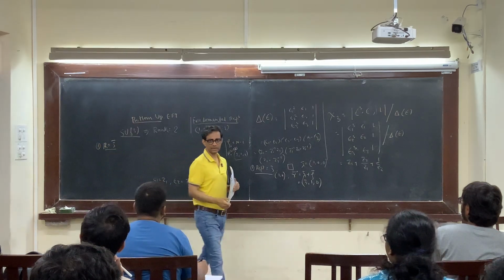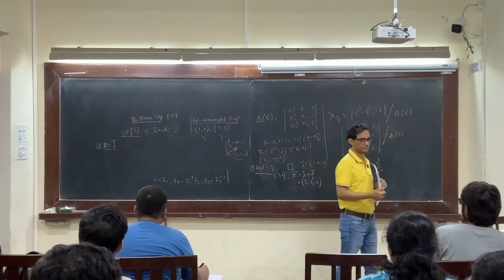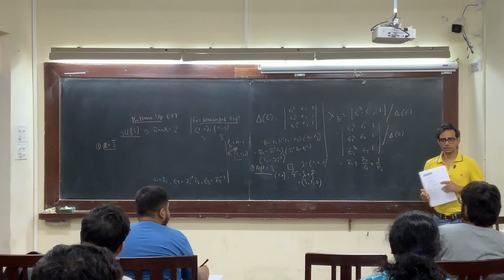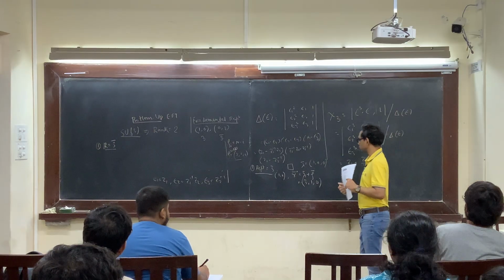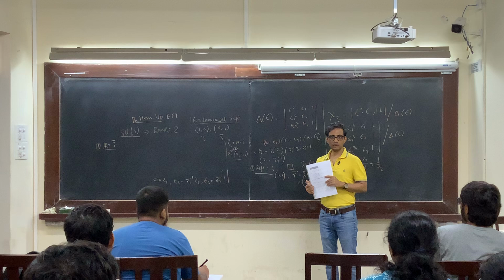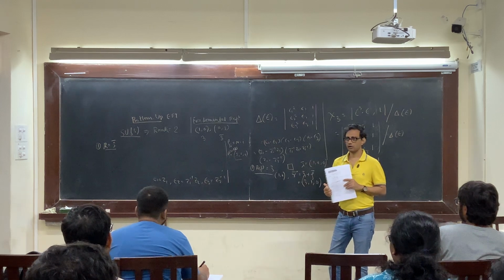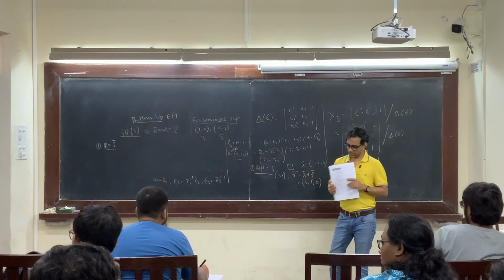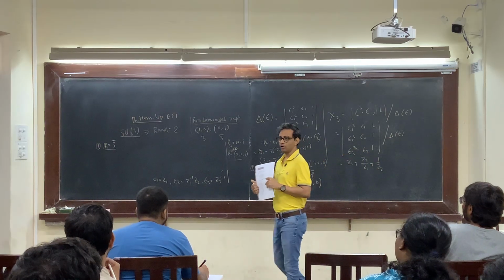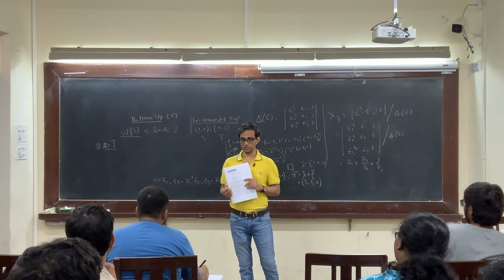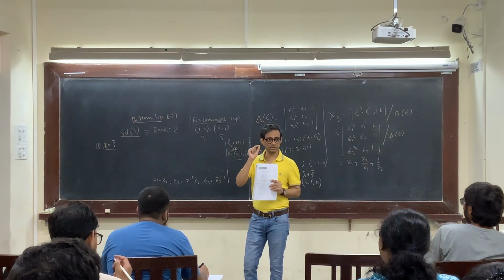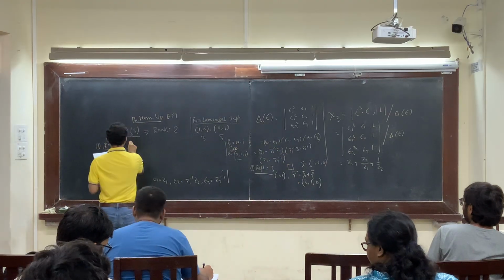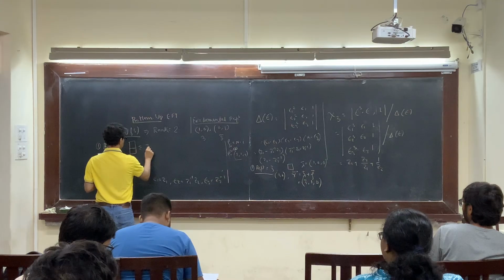What is the Young diagram for 3 bar? Single box? No. Single box is already 3. What is the 3 bar? Box. Yes. Why? Because for SUN, the n bar is always represented by n minus 1 vertical boxes. Okay. So just keep it like a chant in your mind. So this is my 3 bar.